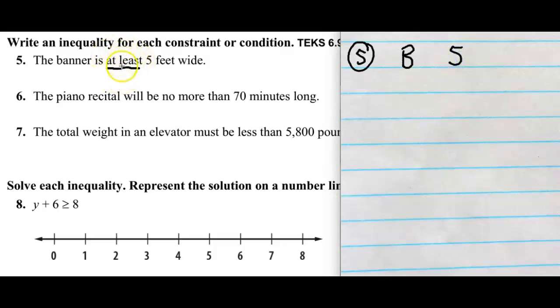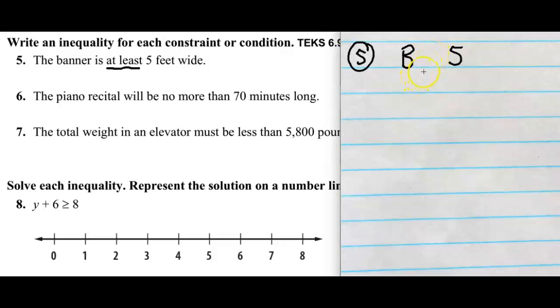All right, so just a moment ago, I asked about the word at least. So if something is at least 5 feet wide, does that mean it's wide enough in this situation? The banner is at least 5 feet wide. Will that work? And the correct answer is yes, that will work. So over here, we have to decide, is the banner going to be less than 5 feet, less than or equal to 5 feet, greater than 5 feet, or greater than or equal to 5 feet?